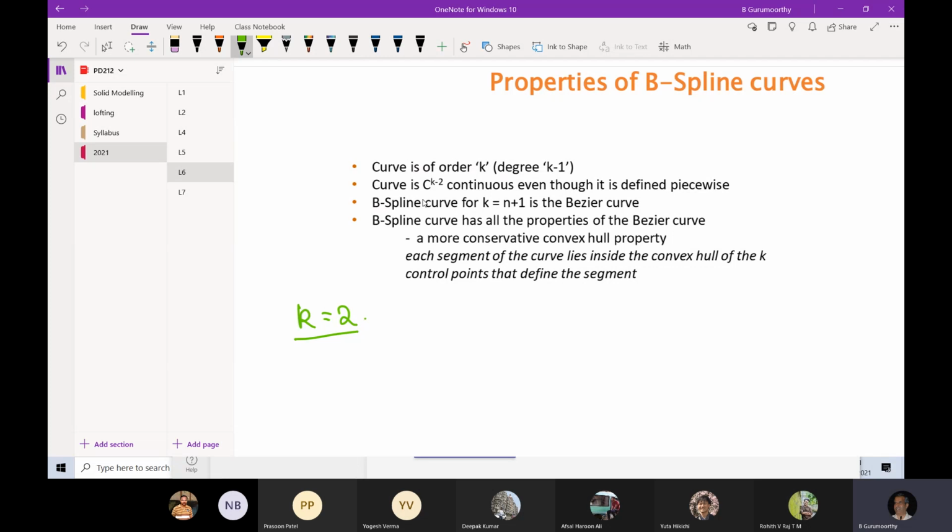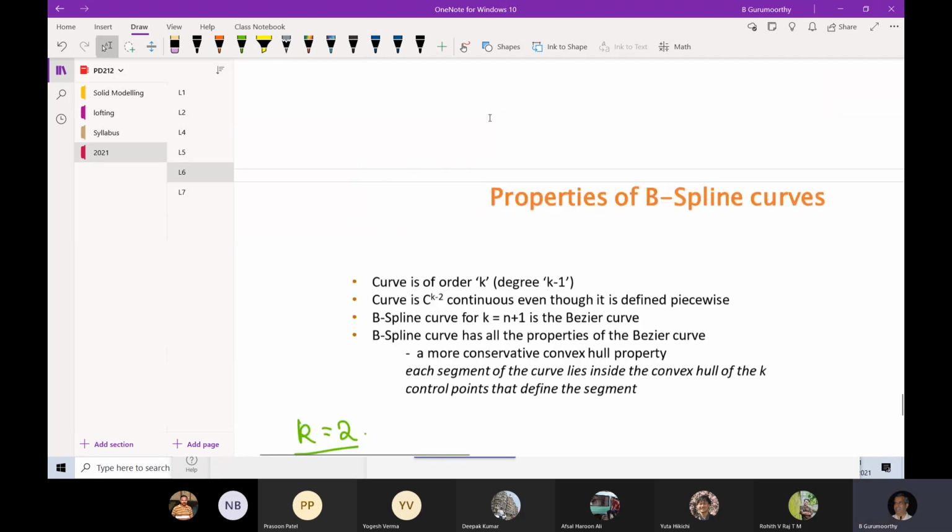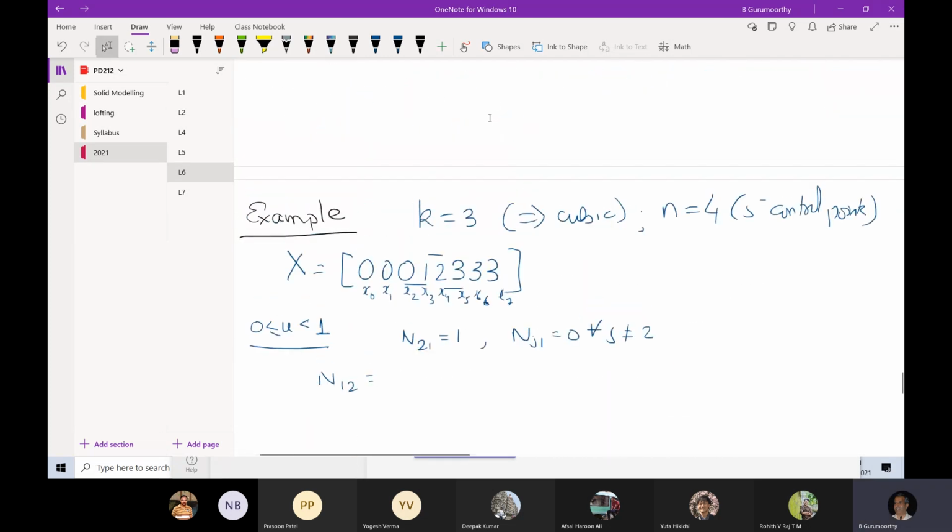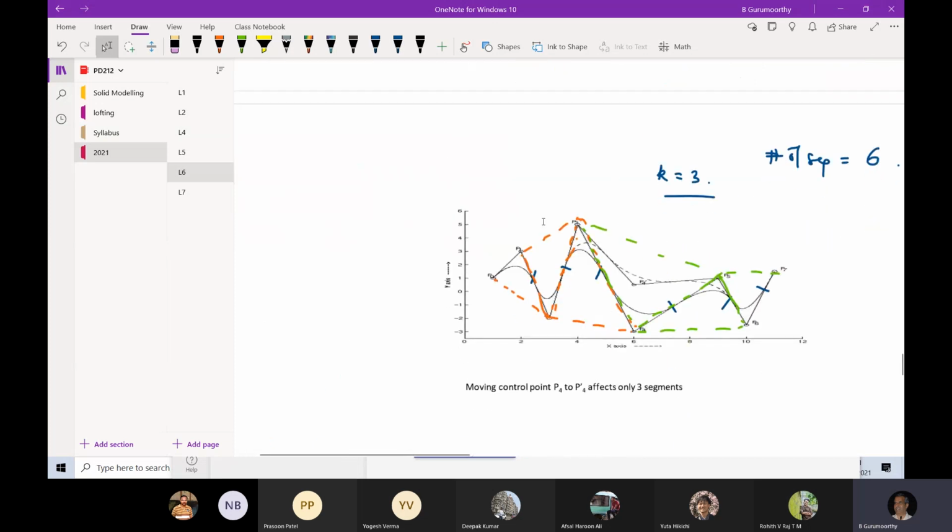So let's take the same example here. This curve here, right? What do you think will be the curve for k equals 2? I'm trying to see if I can erase this, so I can draw the result for the next one.